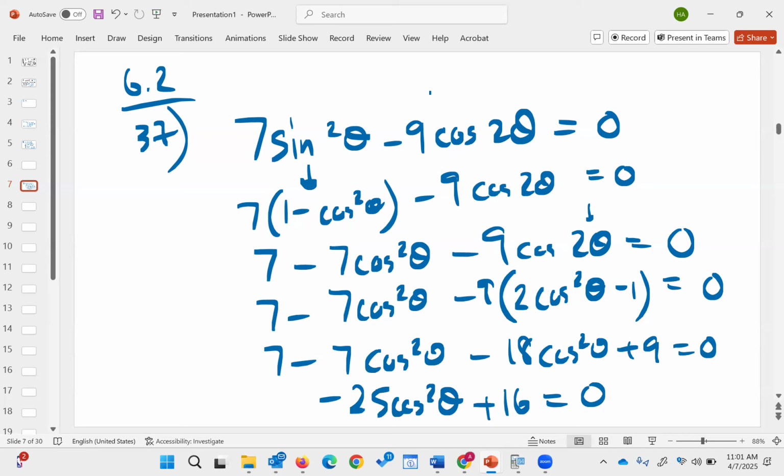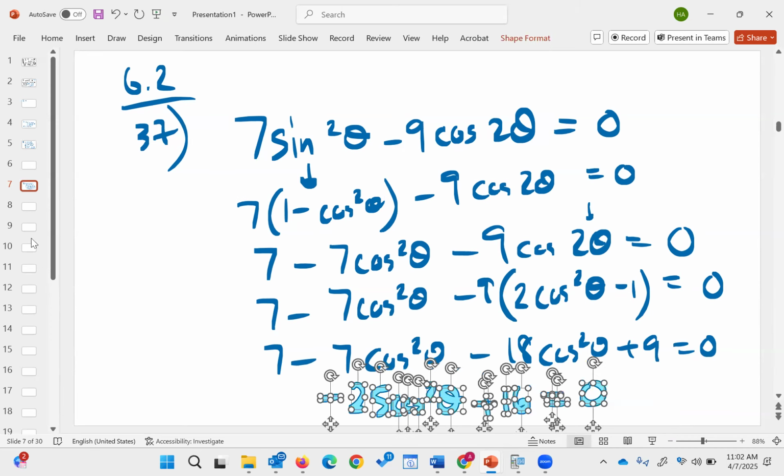Okay, so now notice, oh, this is good, guys. Notice we only have one trig function, cosine, right? And it has a coefficient. Since we only have one term that has the trig function, we can solve this by moving the other things over.